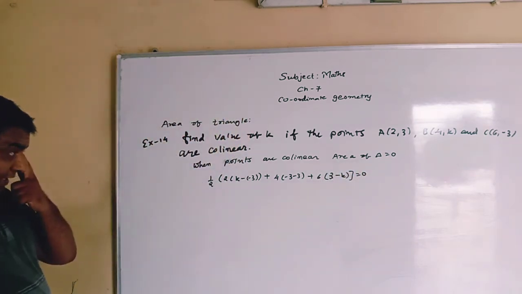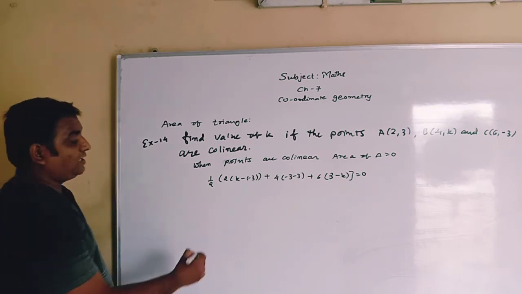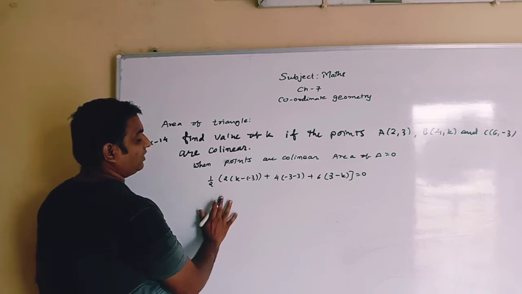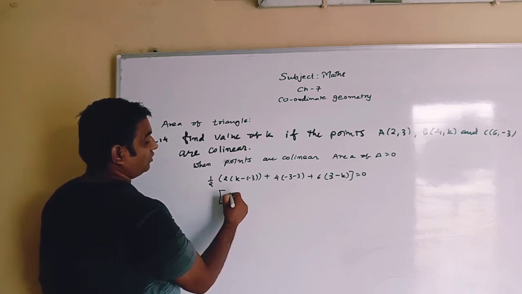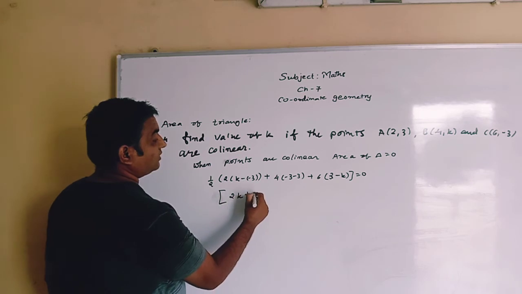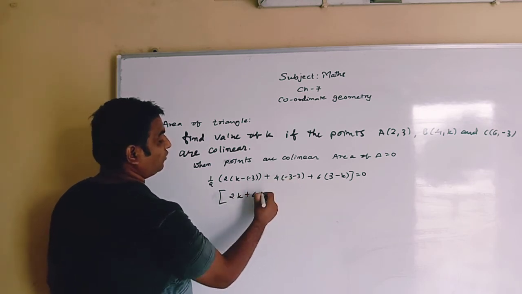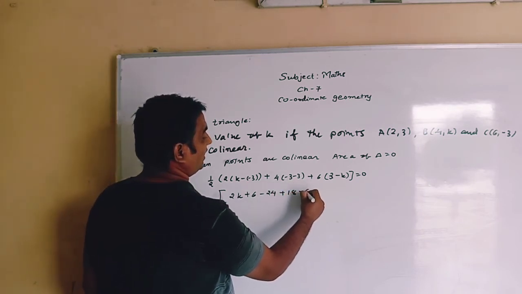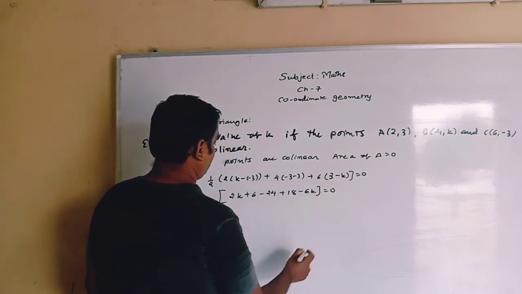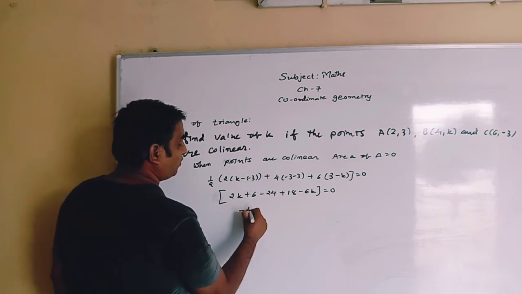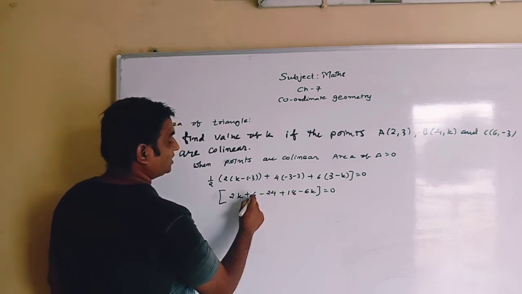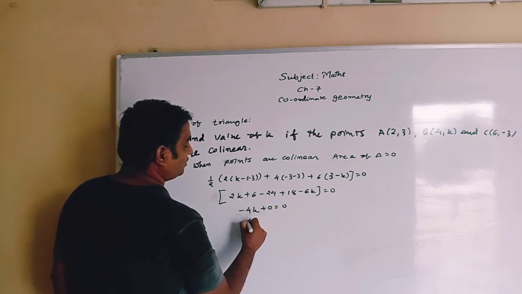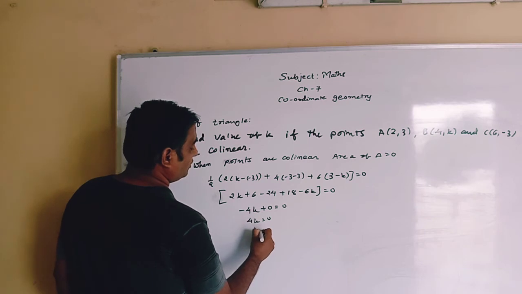We substitute in the area formula the values. So 1 by 2 goes to the other side and converts into 0. So 2k plus 6, here minus 6 into 4, minus 24, and here 18 minus 6k equals 0. So 2k minus 6k is −4k, and here 18 plus 6, 24 minus 24, that is 0. So 4k equals 0. So k equals 0.